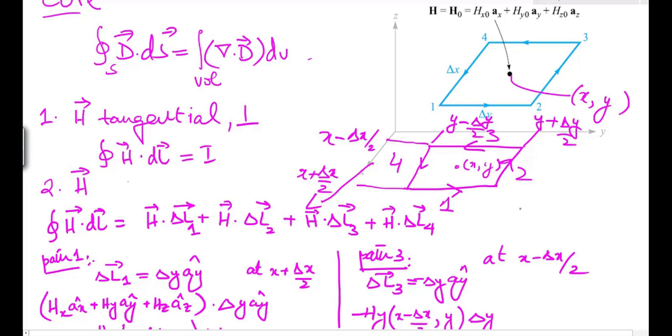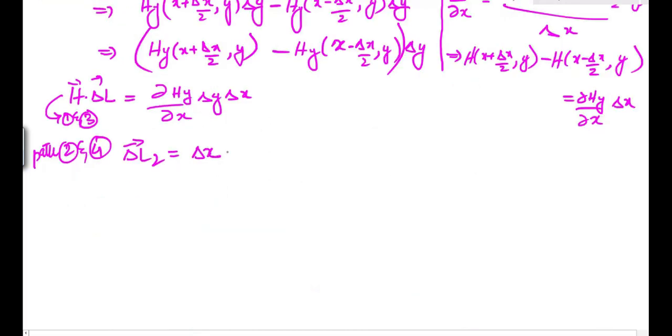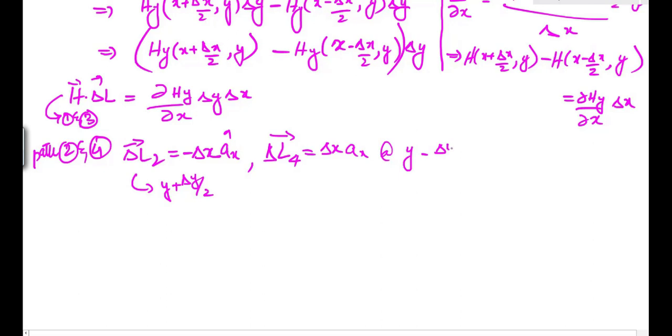Similarly, the delta L4, or path 4, has the direction ax and again the magnitude delta x. Remember, this delta L2 is at y plus delta y by 2, and this is at a fixed y coordinate, that is y minus delta y by 2.